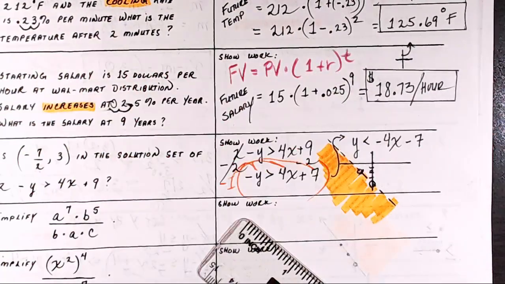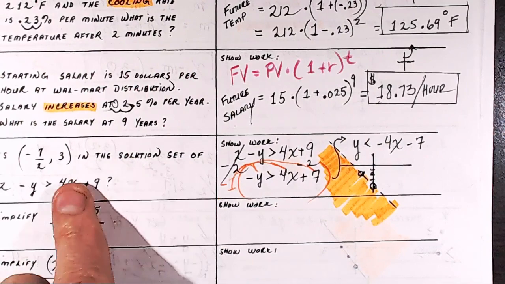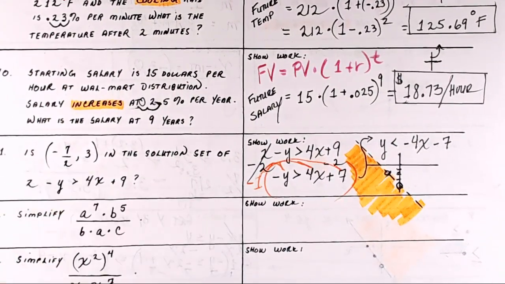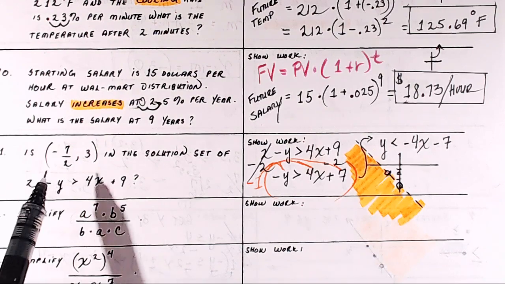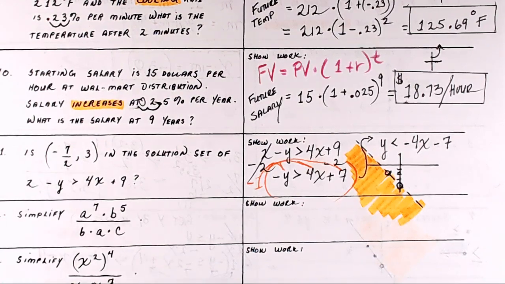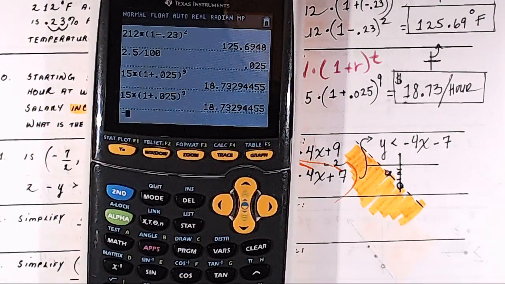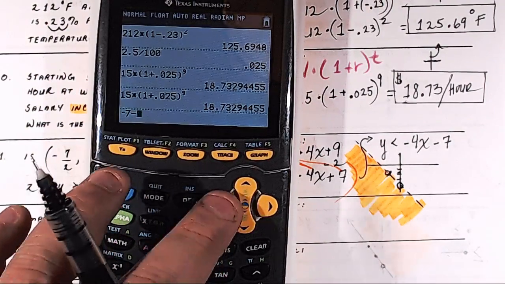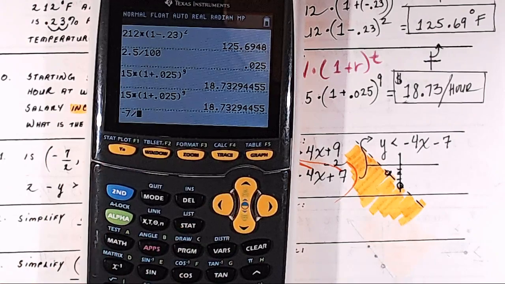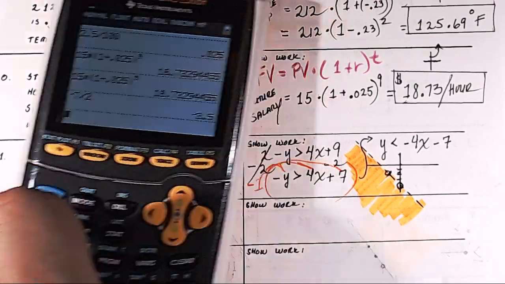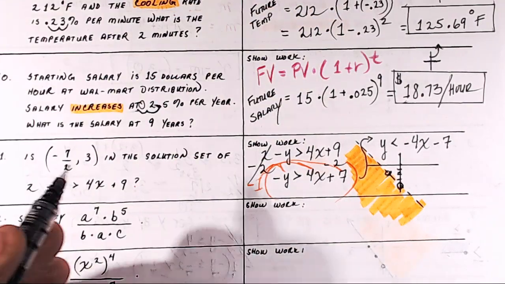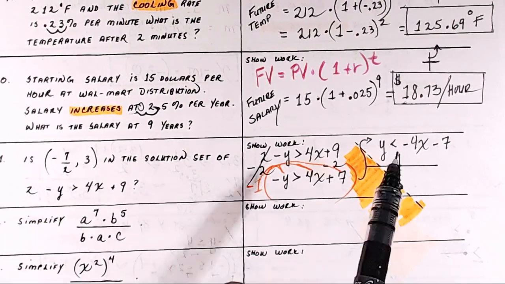And what I want to know is whether this coordinate is in the solution set: negative 7 over 2, comma 3. Well, negative 7 over 2 as a decimal, if you didn't know, you could hit negative 7 divided by 2, and you would get negative 3.5. So negative 3.5 comma 3. Where would that be?